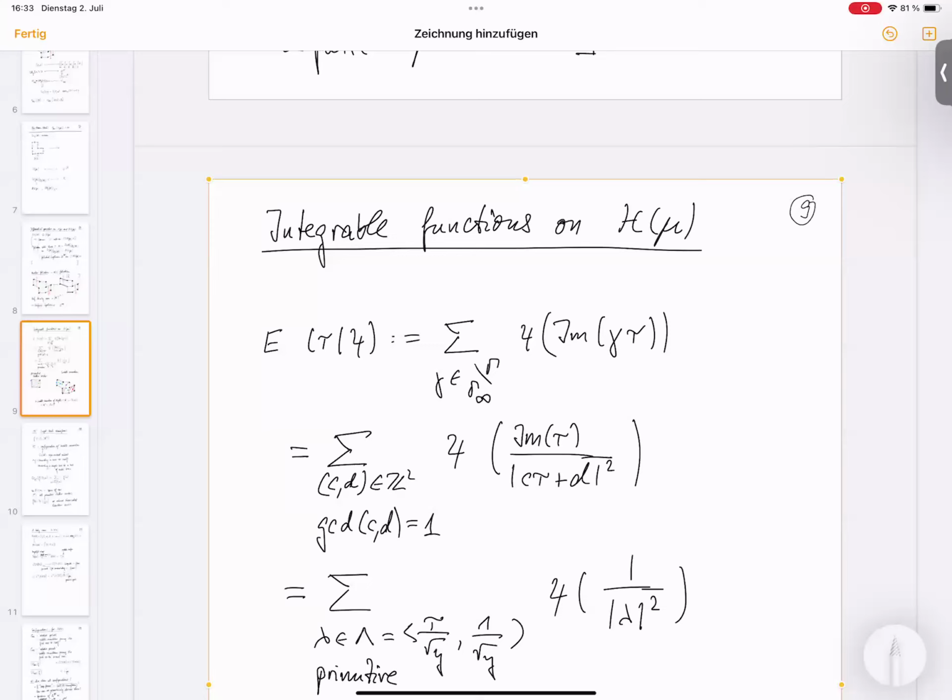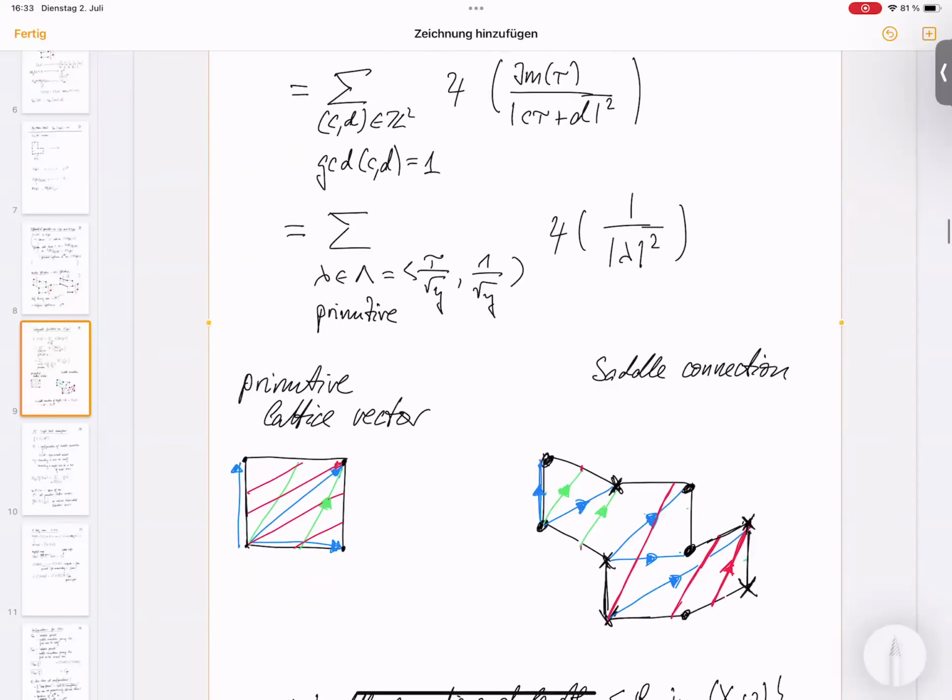So this means that the sum here is just the sum over all primitive lattice vectors. And if I call the lattice vector lambda, then the argument of psi is 1 over the norm of lambda squared. Now this is an expression that can be transformed to strata.